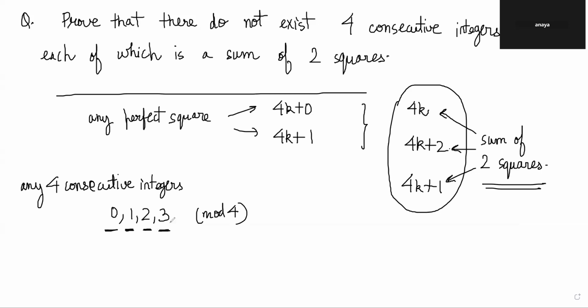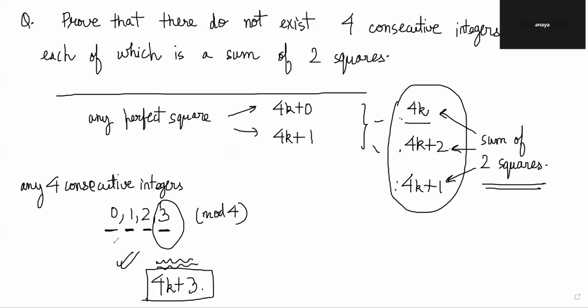So one of them will be 4k plus 3 guaranteed, right? And if one of them is 4k plus 3, that can never be written as the addition of two squares, because the addition of two squares always will be one of these three, nothing else. So all four of them cannot be written like this. One of them will be wrong, so that's why it doesn't work.